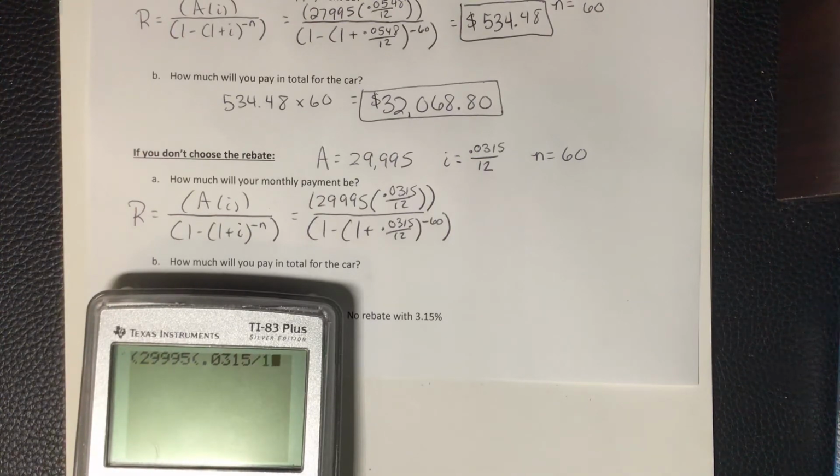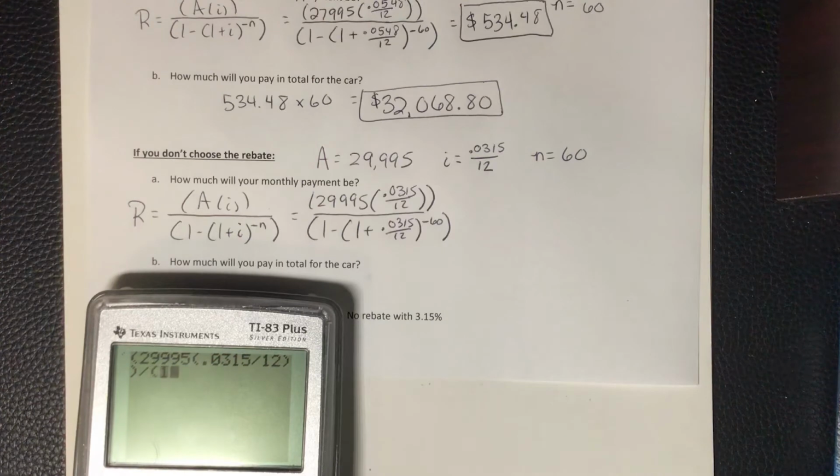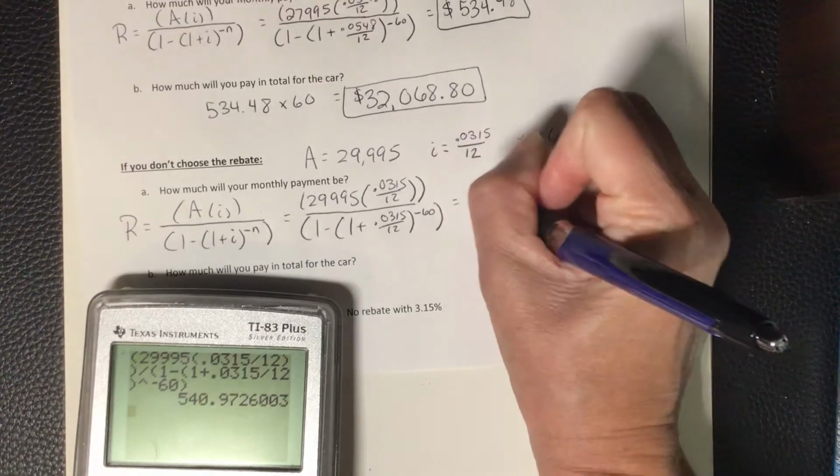Okay, so I'm making sure I get both sets of parentheses there, making sure I'm entering everything correctly. Oops, forgot my parenthesis. So make sure you close the first one before you raise it to the power, and then you close the second one.